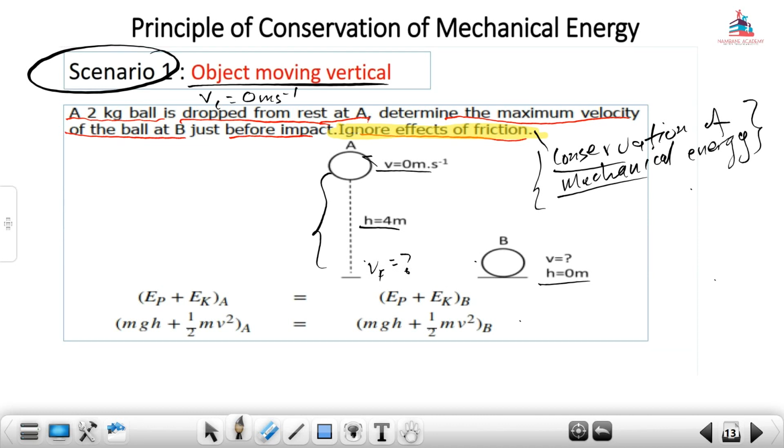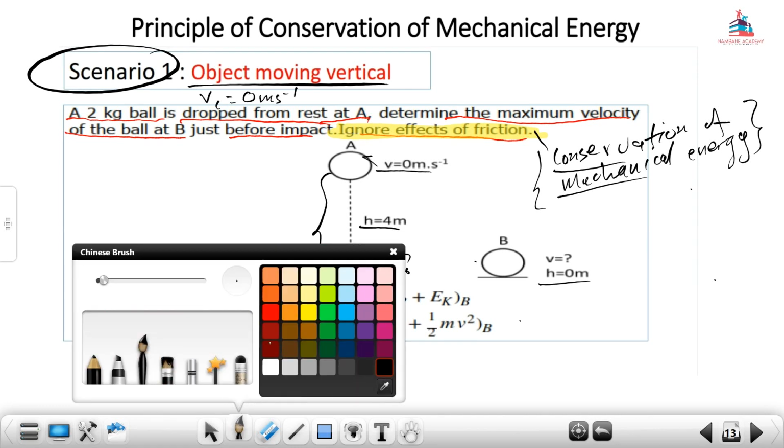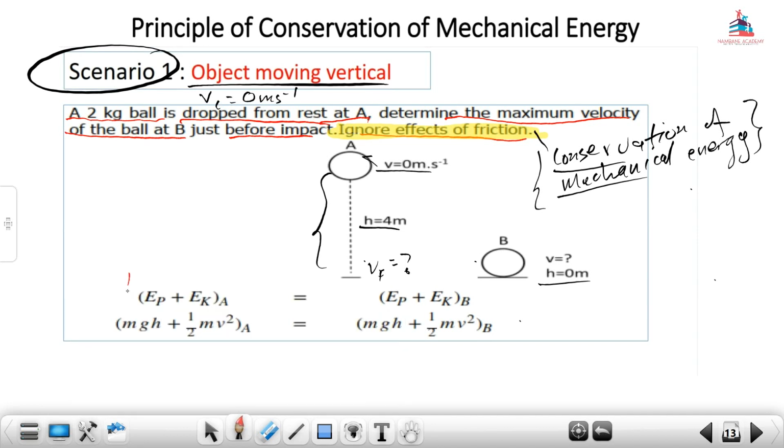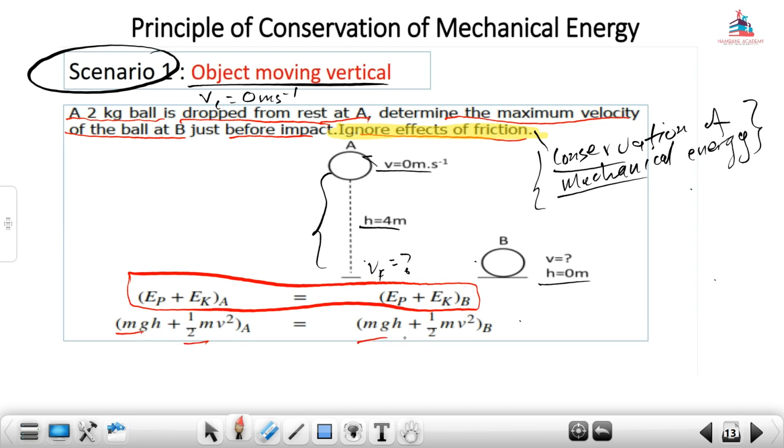So applying will not be a problem because remember we did say that this part here will be the conservation of mechanical energy. So it's EP plus EK at point A, EK plus EP at point B. And remember, all these other equations are given in the formula sheet.